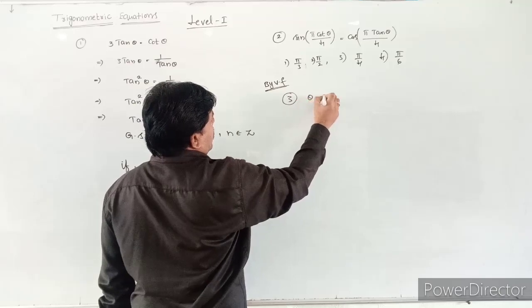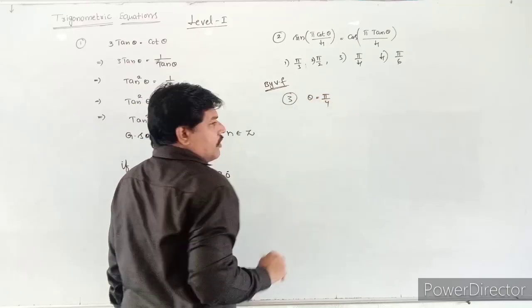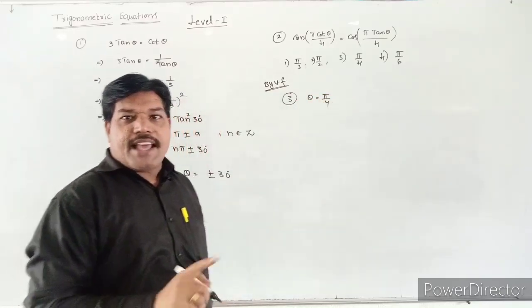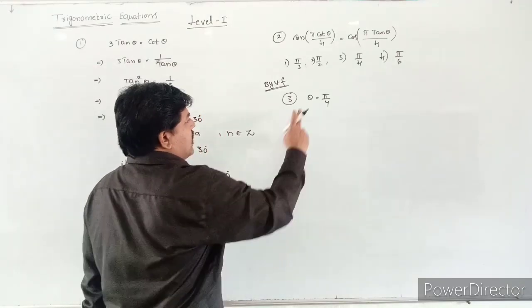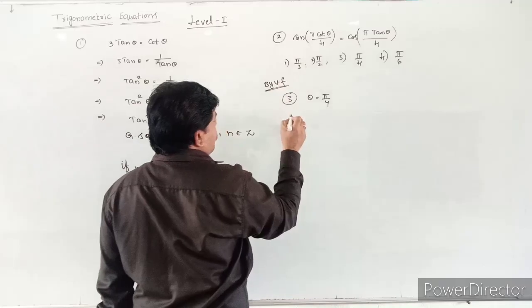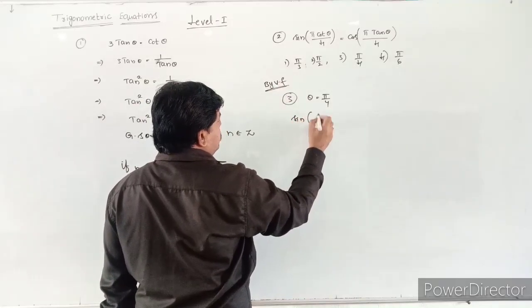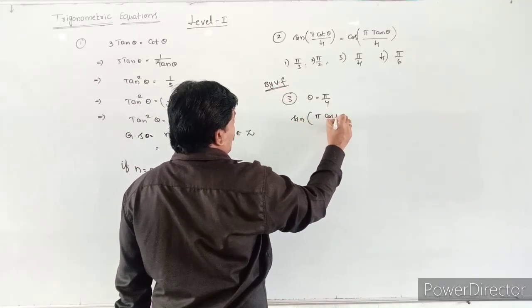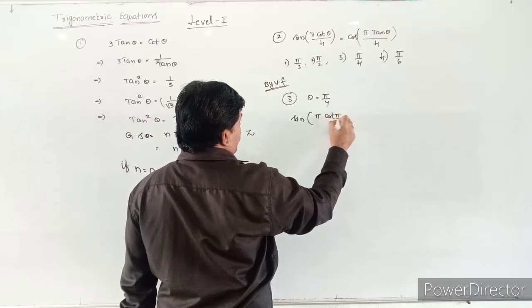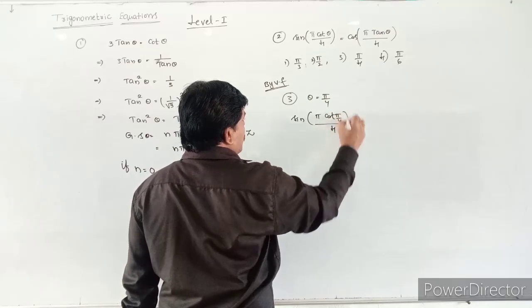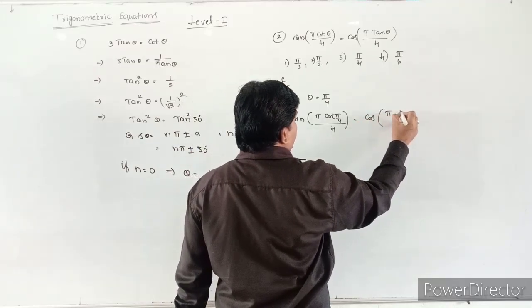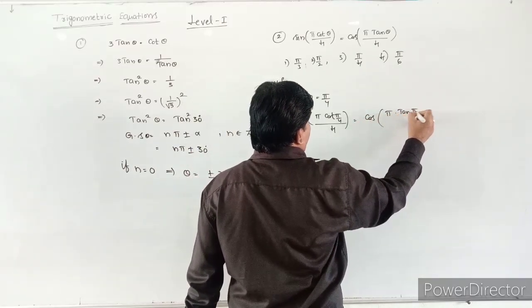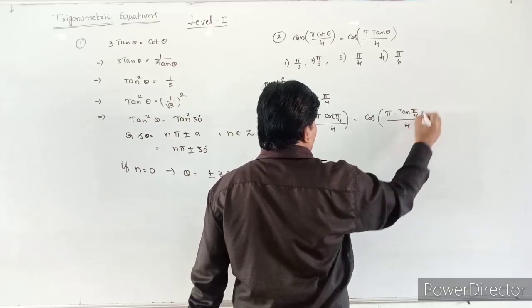If theta is equal to pi by 4, I will verify whether LHS is equal to RHS or not. So if theta is equal to pi by 4, substitute: sine of pi cot pi by 4, whole by 4, is equal to cos of pi tan pi by 4, whole by 4.